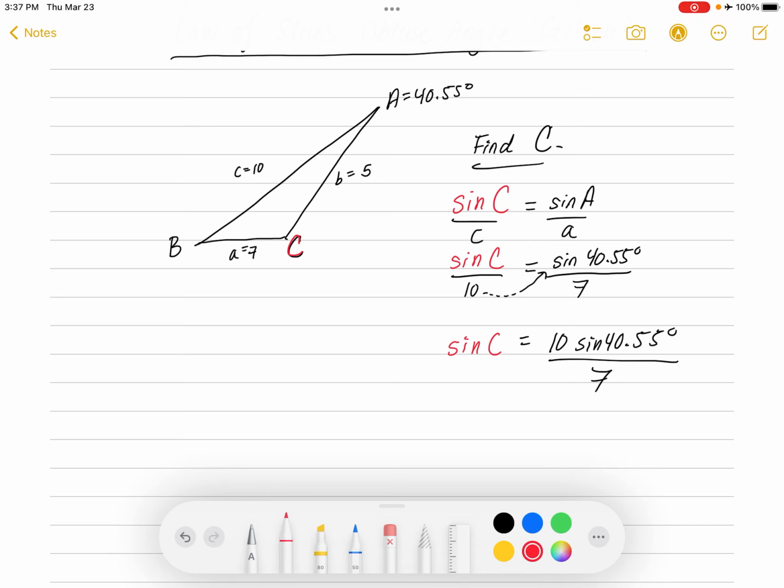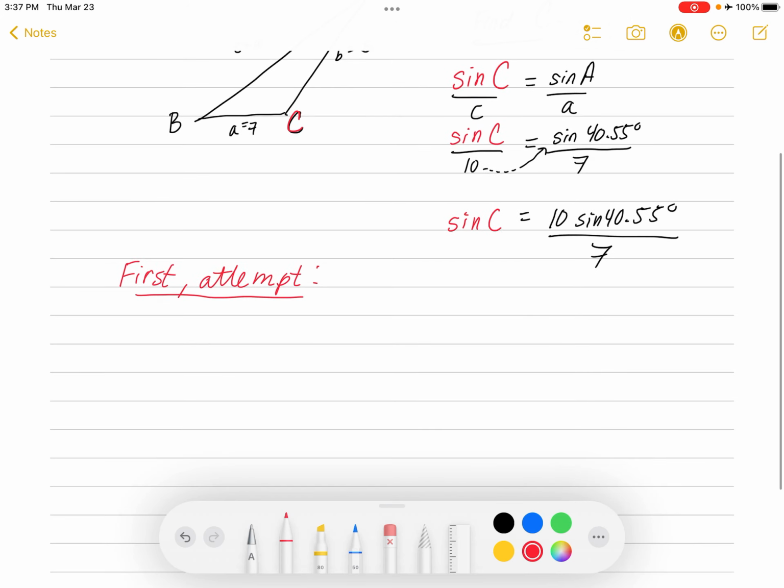Now, I'm going to try to find big C. So traditionally, to find big C, you get rid of the sine on the right and you take the sine inverse. So let's try this. This is going to be our first attempt, and we're going to show how it actually fails. First attempt at solving for big C. Typically we drop the sine on the left and take the sine inverse of the right-hand side, 10 sine of 40.55 degrees over 7.